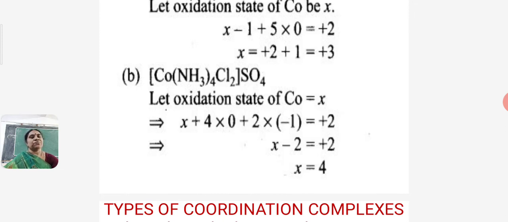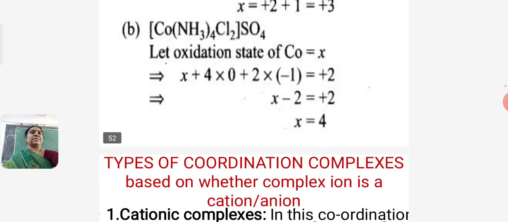If you remove the sulfate ion, the net charge possessed on the coordination sphere is equal to +2. So equate it to +2. Then X - 2 is equal to +2 and X is equal to 4. Thus we calculate the oxidation state of the central metal atom using this method.